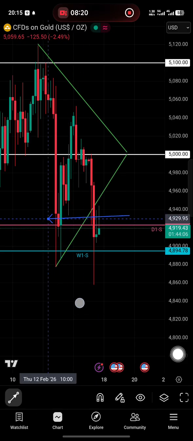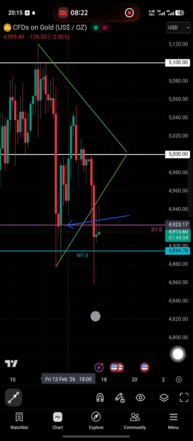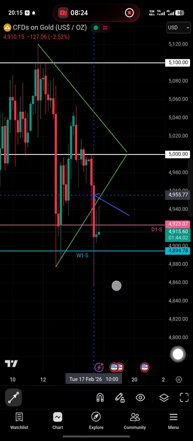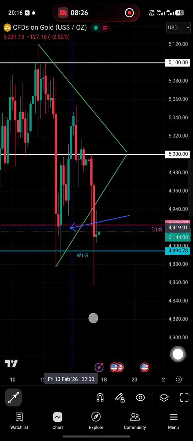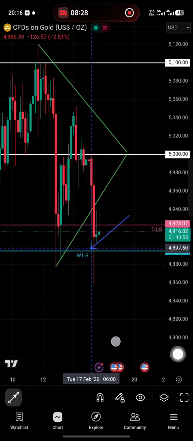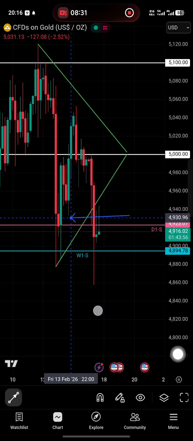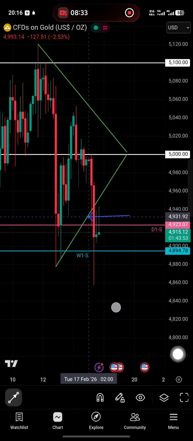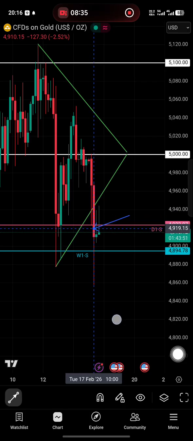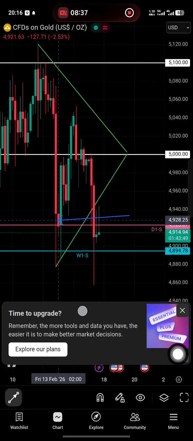And when those key supports get touched, or when the price goes to that key support, the price must go all the way down to clear off buyers from that key support. And as you can see, this is proof that this key support has a really big accumulation of buyers. Why?